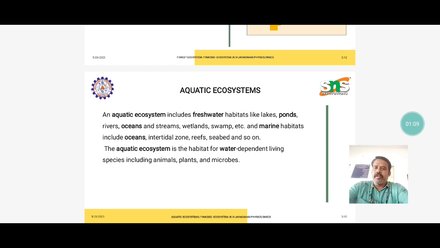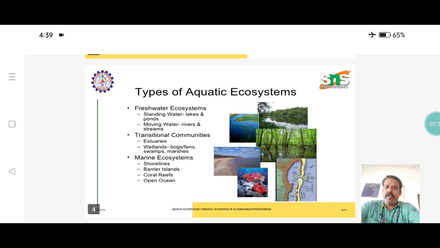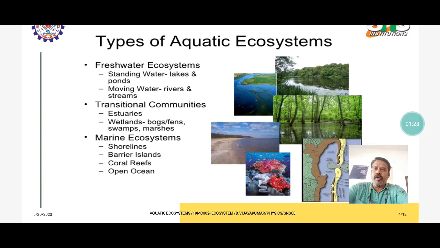The aquatic ecosystem is the habitat for water-dependent living species including animals, plants and microbes. The aquatic ecosystem has different types that we discuss in the next slide, one by one.